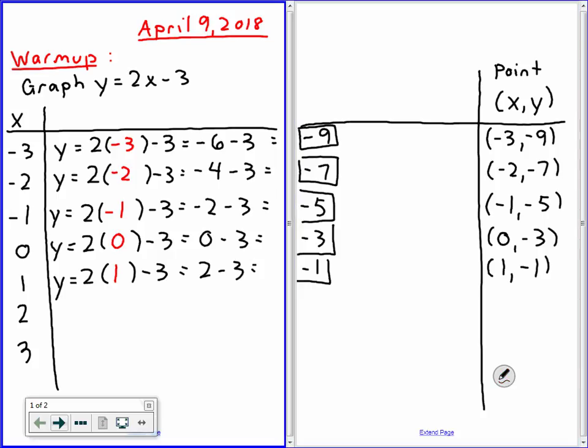We're just following the same pattern all the way down. All right, Emily, you weren't here on Friday either, but I'm confident you can do this. Give me the next one, please. Y equals 2 bracket 2 equals 4 minus 3, which equals 1.